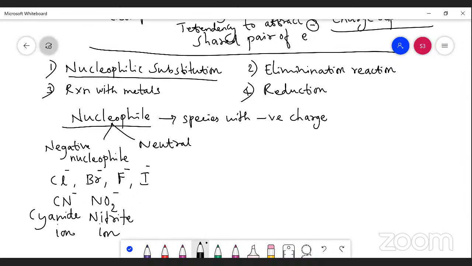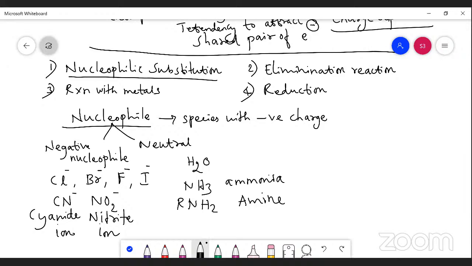If you take neutral ones, let me take water and ammonia. If you take an amine, simply RNH2, that is the amine.